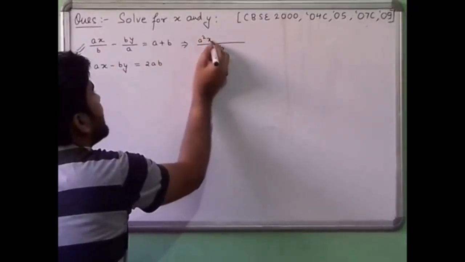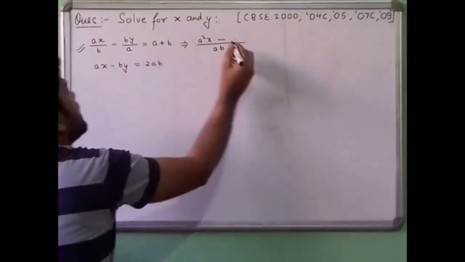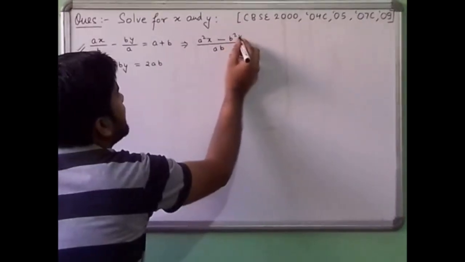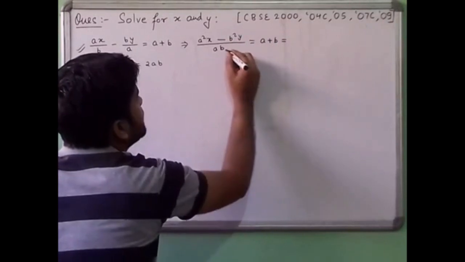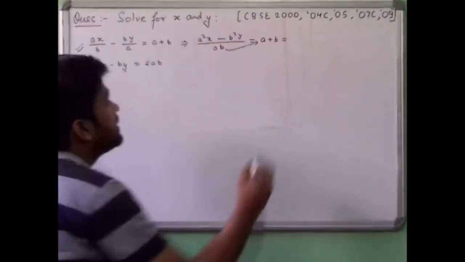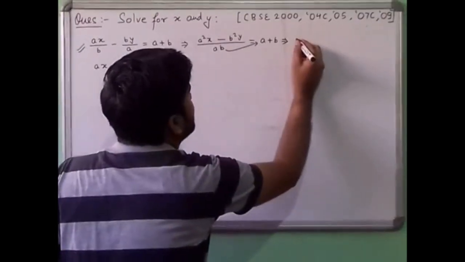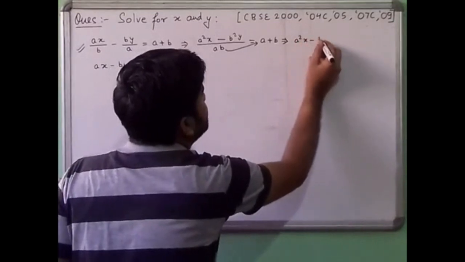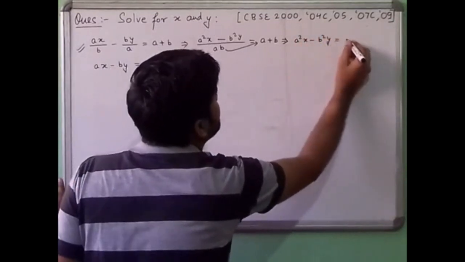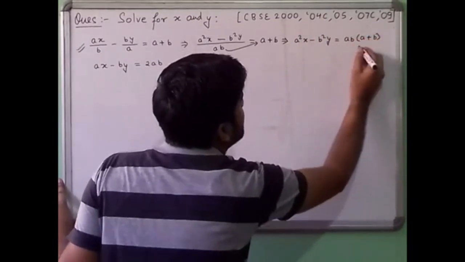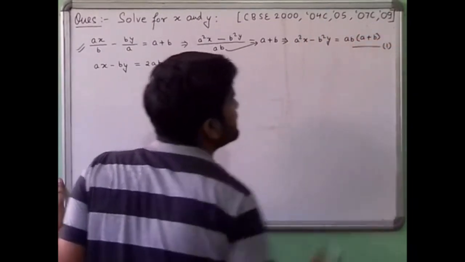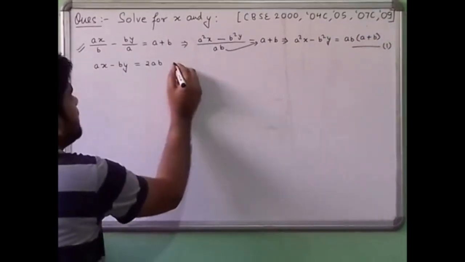It's a square x minus b square y is equal to ab multiplied by a plus b. This is equation number 1, and this is equation number 2.